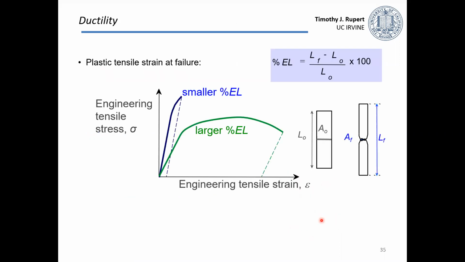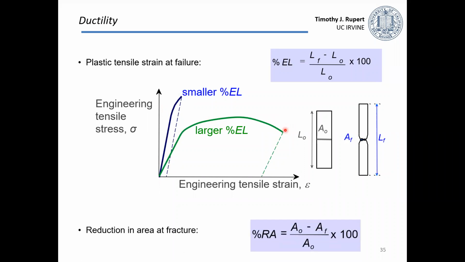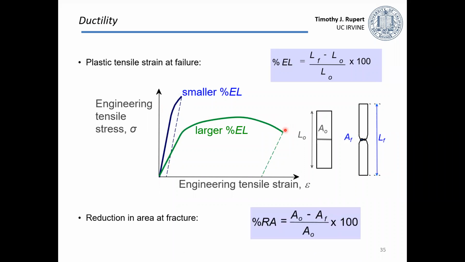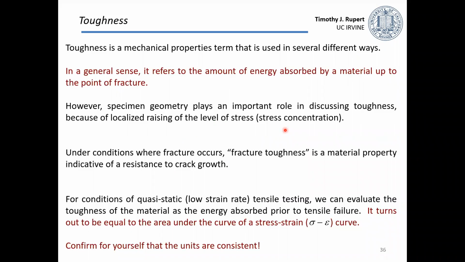Now, generally, here are two different materials, one with a low ductility and one with a high ductility. Okay, so the blue curve is pretty strong, but not very ductile. The green curve is moderately strong, but it has a large percent elongation. And again, just reminding you, you can have that other measurement.